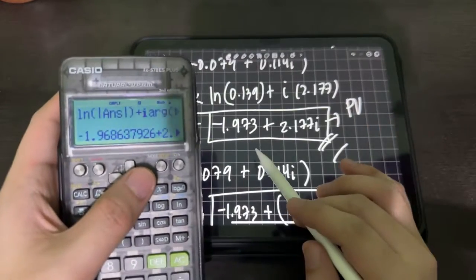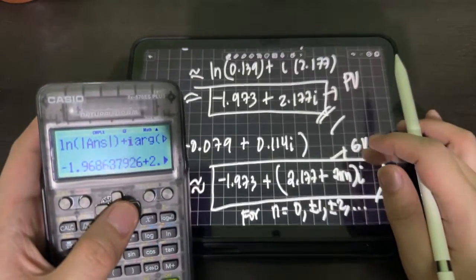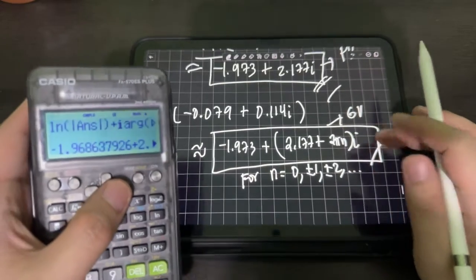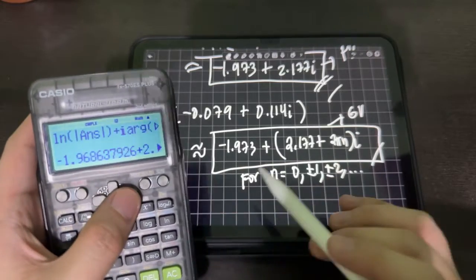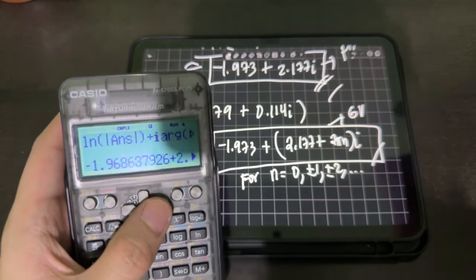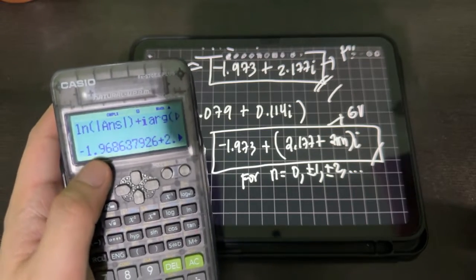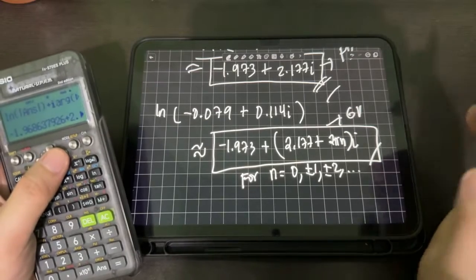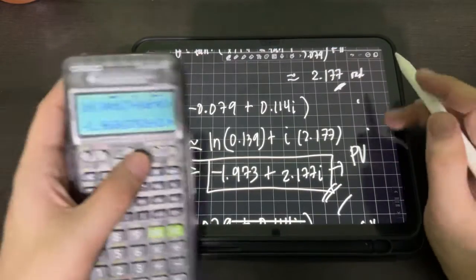We got approximately negative 1.973. But the answer in the calculator is negative 1.968. So there is a discrepancy due to the rounding off in every step of this solution.